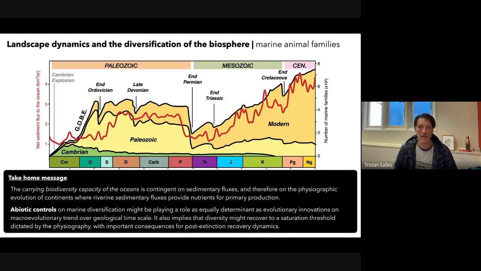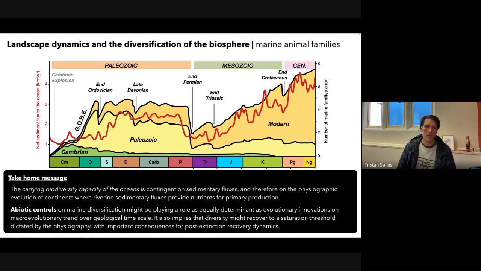From looking at this general trend, we suggest that abiotic controls, which are physical controls that our model is able to reproduce because it accounts for tectonics, climate, and erosion at the surface, so it integrates the main aspects of the abiotic controls, are as important as macroevolution in the evolution of marine life.